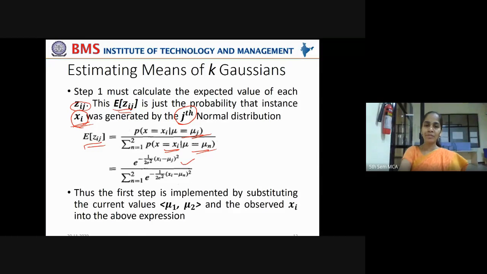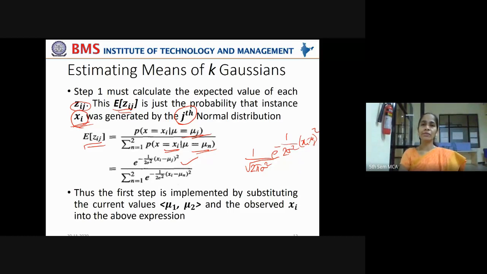Now how do you represent this? You know the formula for the Gaussian normal distribution. It is given in your fifth module in a table. The formula is 1 by square root of 2 pi sigma square, into e power minus 1 by 2 sigma square, xi minus mu j whole square.